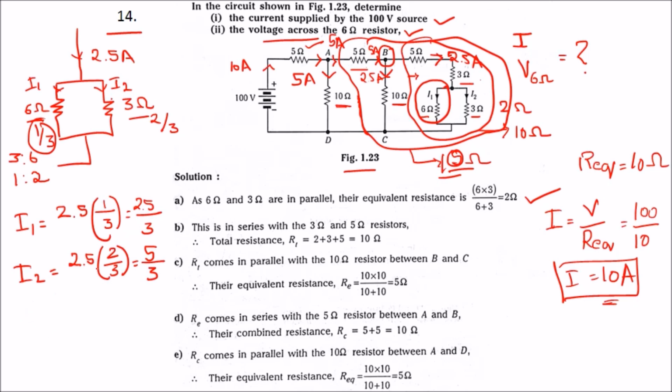V 6 ohm is equal to I1 into 6 ohm, so nothing but 2.5 by 3 into 6, that is 5 volts. So voltage across 6 ohm is nothing but 5 volts.